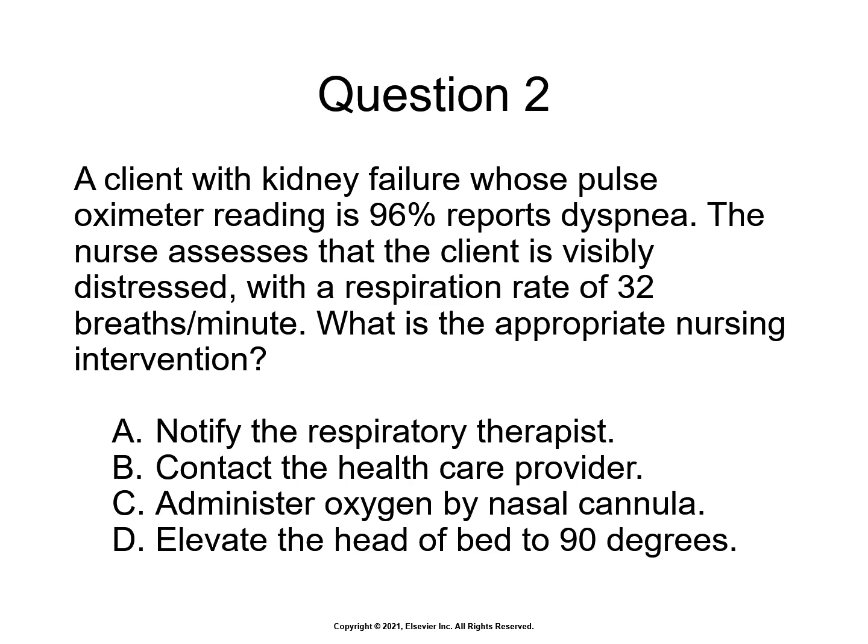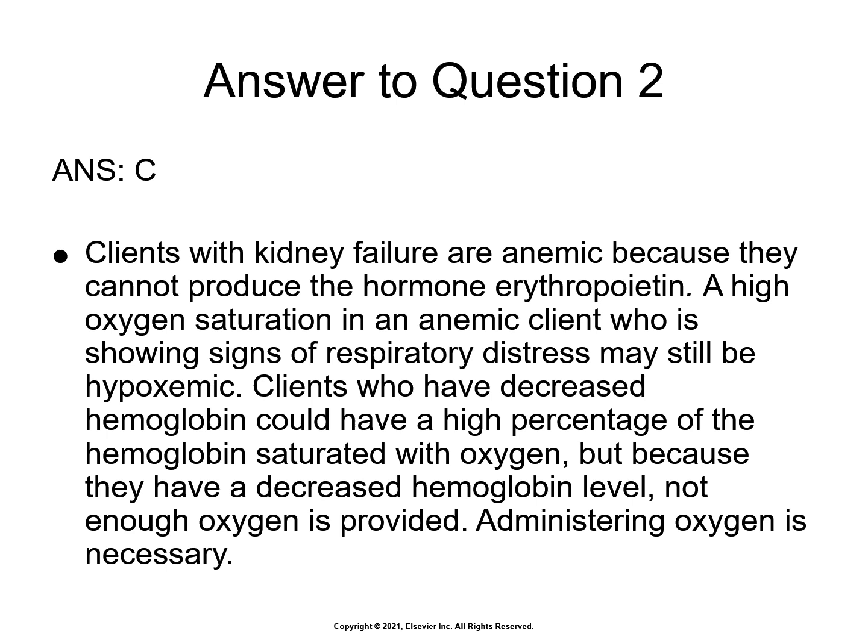I am going to give them a little oxygen because when they're anemic, they can't produce that erythropoietin. A high oxygen saturation in an anemic client who is showing signs of respiratory distress may still be hypoxic.